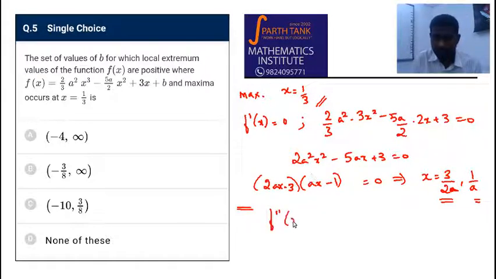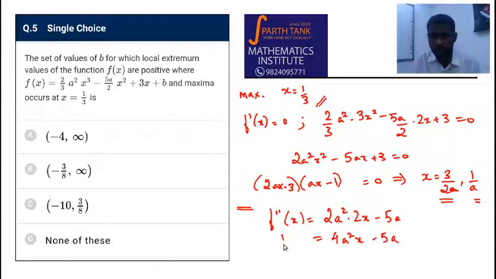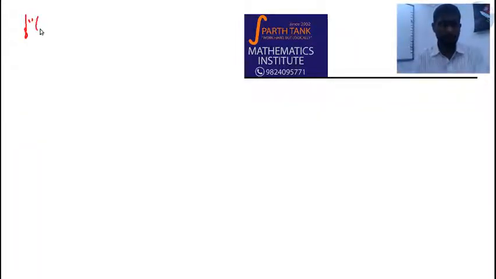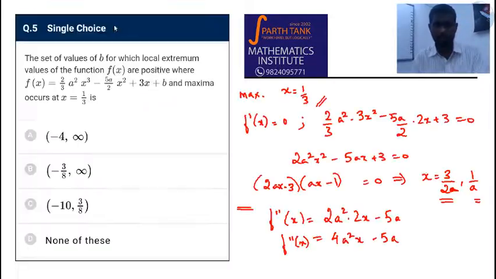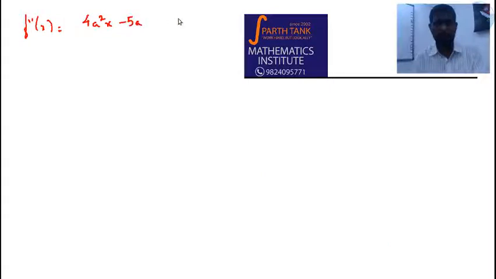The second derivative of f would be 2a squared into 2x minus 5a, or 4a squared x minus 5a. This is the second derivative. Okay, let us write this down quickly on the next page. The second derivative is 4a squared x minus 5a, and I have two values of x, 3 by 2a and 1 by a.